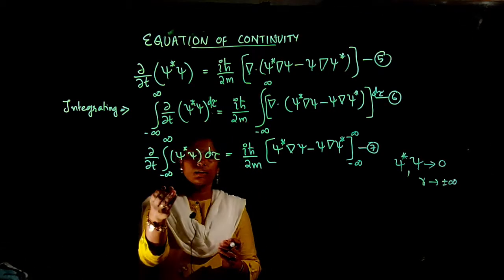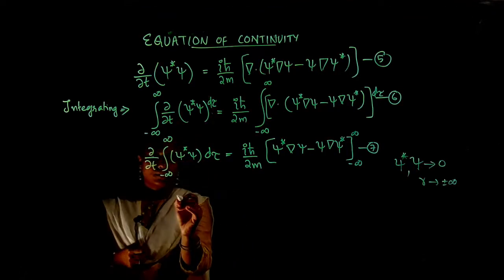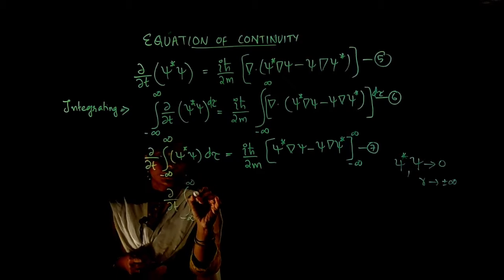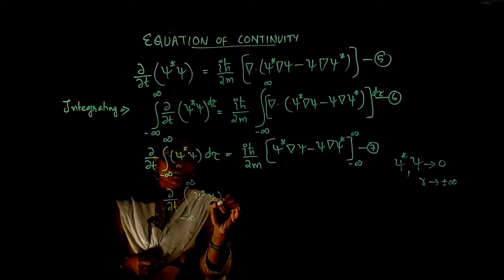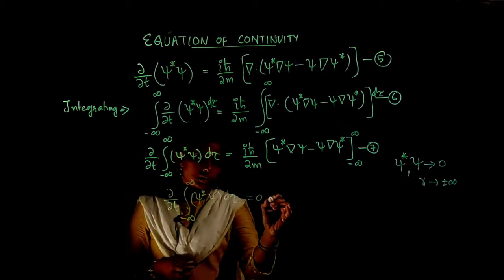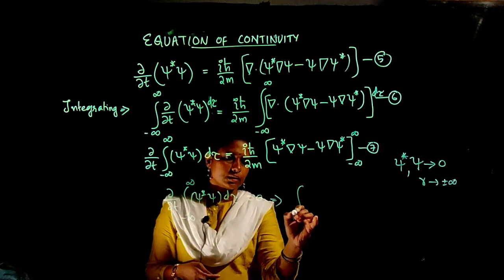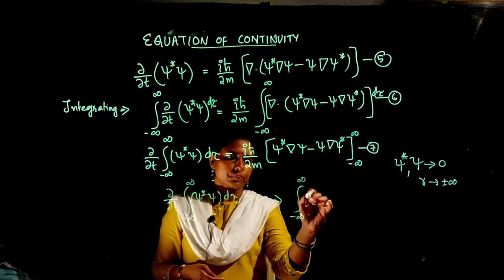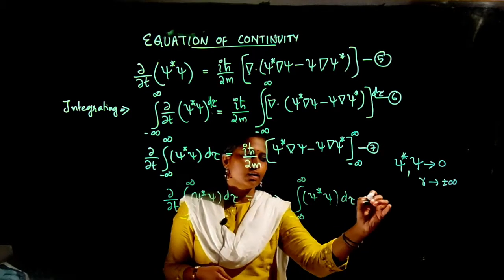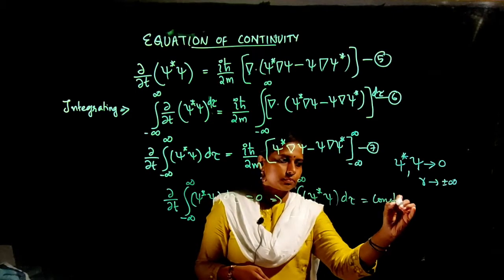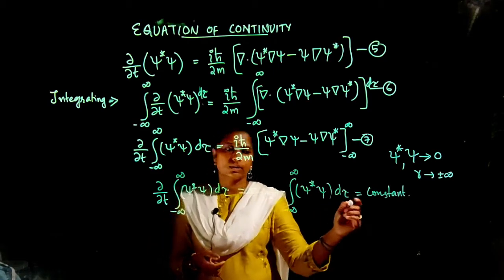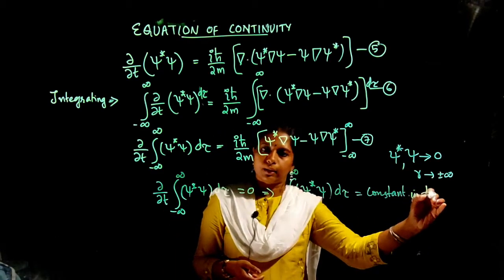So you can see that this becomes 0, and we get ∂/∂t of integral ψ*ψ dτ becomes 0, which implies that the integral of ψ*ψ dτ must be a constant. So this normalization integral is a constant in time.